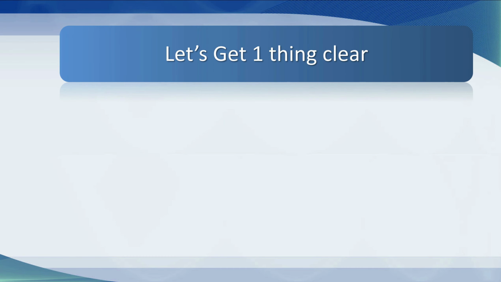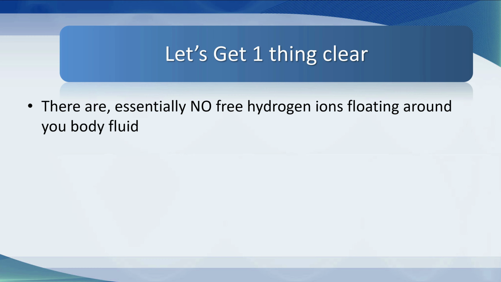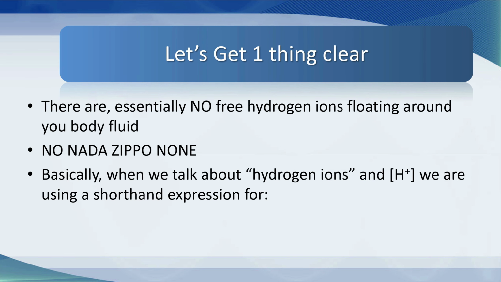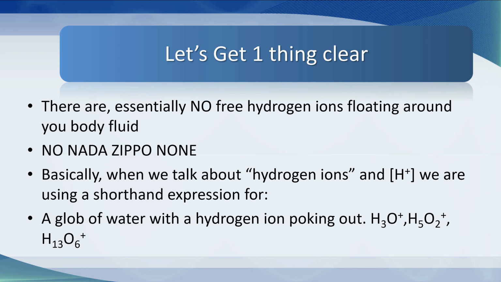Let's get one thing clear. There are essentially no free hydrogen ions floating around your body fluid. None. Nada. Zippo. Basically, when we talk about hydrogen ions, or H+, we are using a shorthand expression for a glob of water with a hydrogen ion poking out.